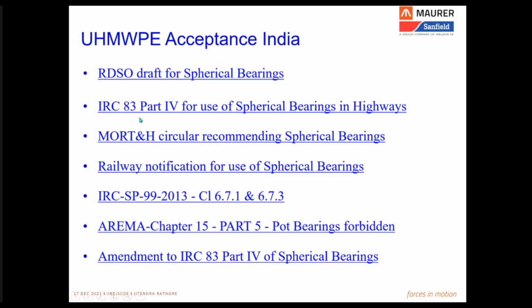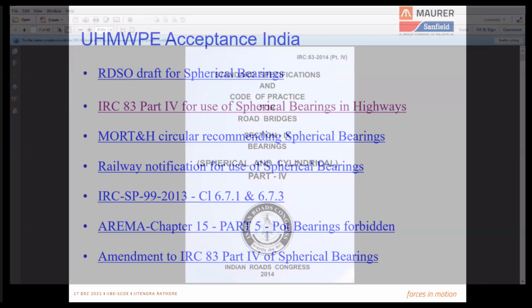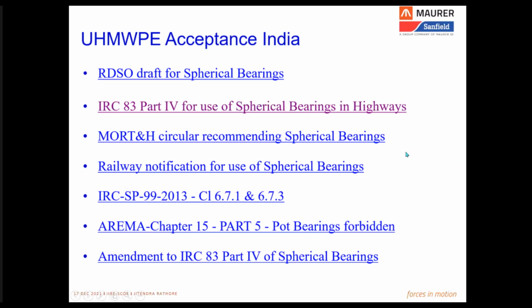In India, we have the IRC 83 Part 3, which is for pot PTFE bearings, with the latest revision in 2018, and the IRC 83 Part 4, which is for spherical bearings, which was published in 2014, and the amendments came very recently. Both these codes allow the use of UHMWPE inside the bridge bearing. So in our country also we have very good acceptance of the UHMWPE sliding material.